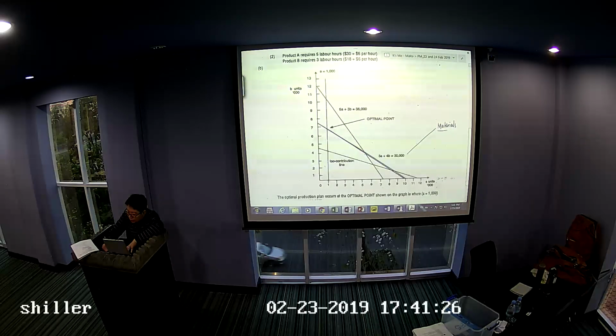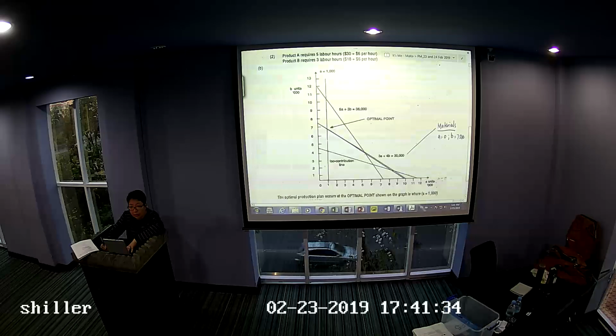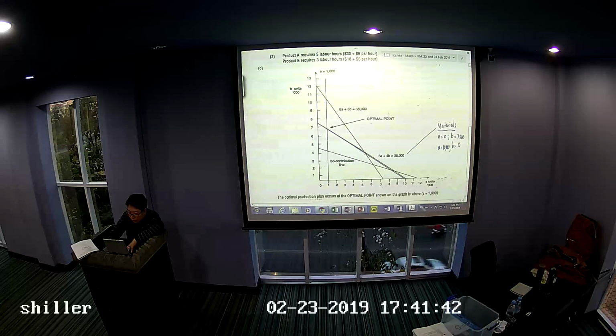How are the two points found? If A is 0, B is 7,500, correct? If B is 0, A is 10,000, okay?